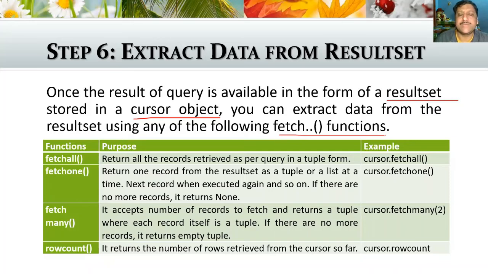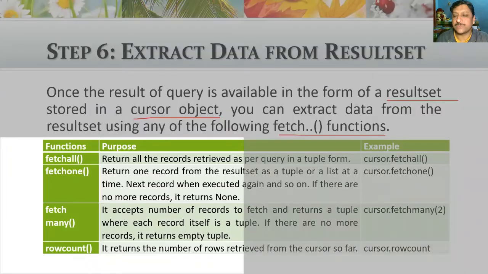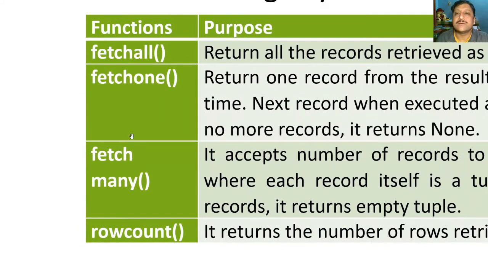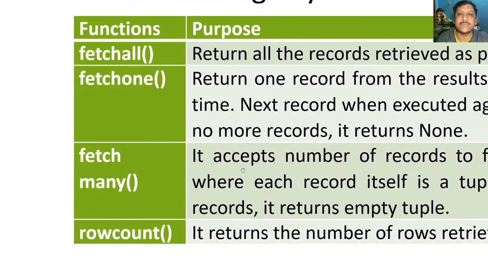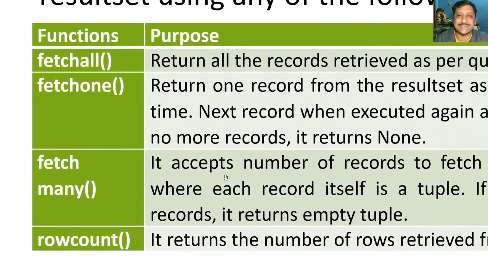Many different types of functions are there, using which we can extract data from the cursor or from the result set. See, what are those functions? There are total four functions, sorry, three fetch functions and one row count function. First is fetchall, then fetchone, then fetchmany, and then row count. Four functions are there which work with the result set.